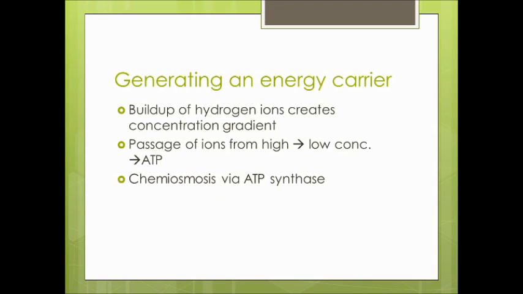So just like in our electron transport chain, the buildup of hydrogen ions will create a concentration gradient, and the passage of ions from high to low concentration is what's going to form our ATP. And it's the same process of chemiosmosis via ATP synthase.